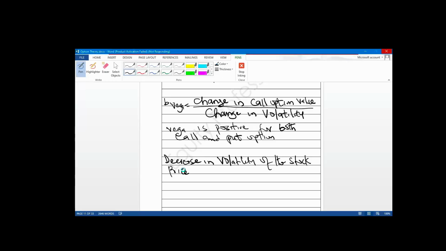That means if there's a decrease in volatility of the stock price, this will result in a fall. A decrease in volatility of stock price will result in a decrease in the value of a call option. You are done with that.